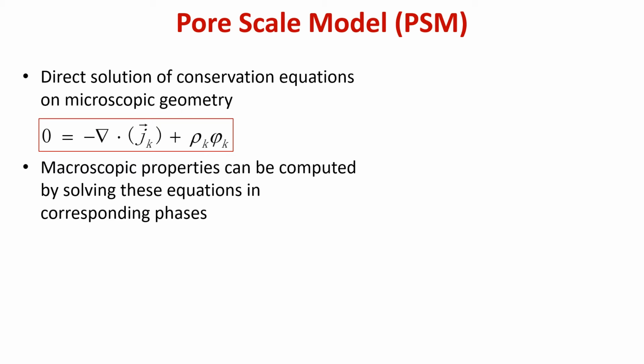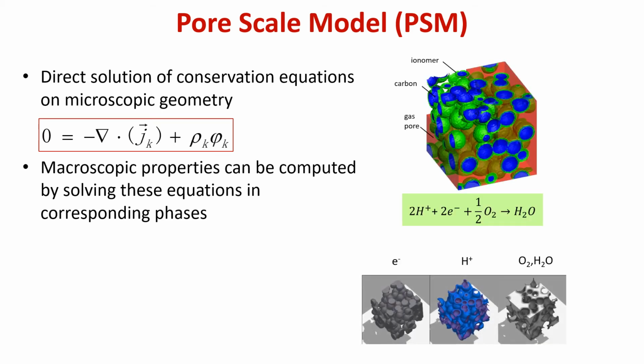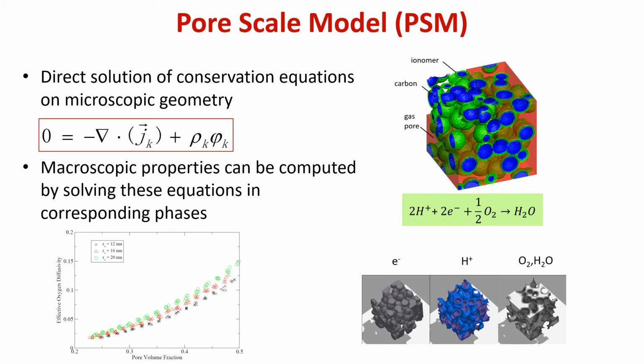For example, in the pore-scale model or PSM solution for the catalyst layer, which has media for gas diffusion, electron, and ion conduction, we can solve the conservation equations for gas species and charged species and obtain the diffusivities or conductivity.